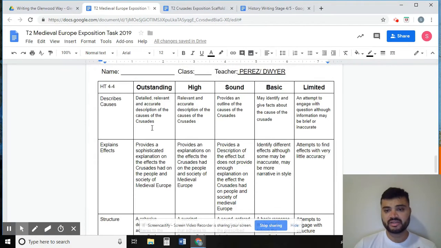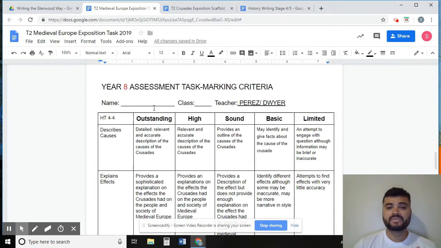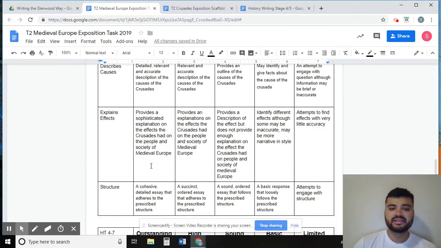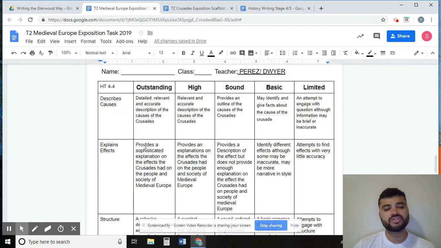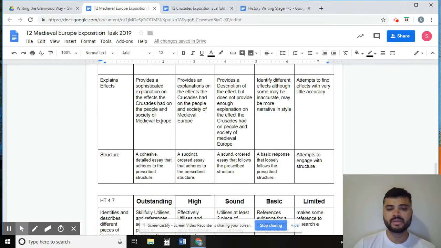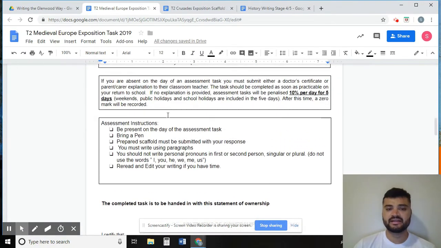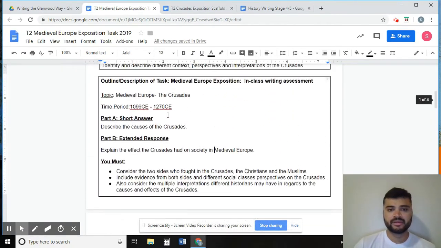Please have a look through these marking criteria and look at the adjectives that are included: detailed, accurate, sophisticated. This will inform you on what you will need to do to reach an outstanding grade mark. Going back now to the task itself and how to prepare.